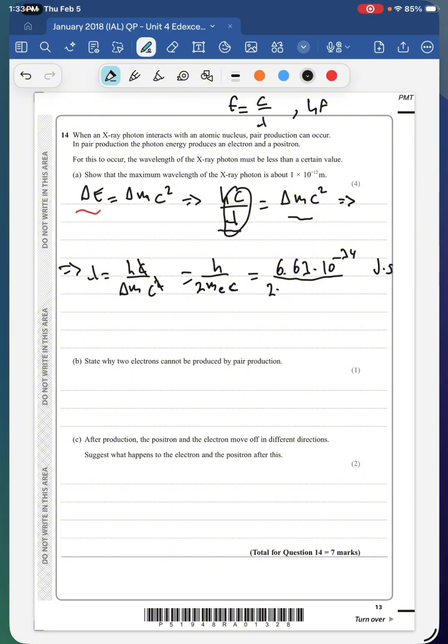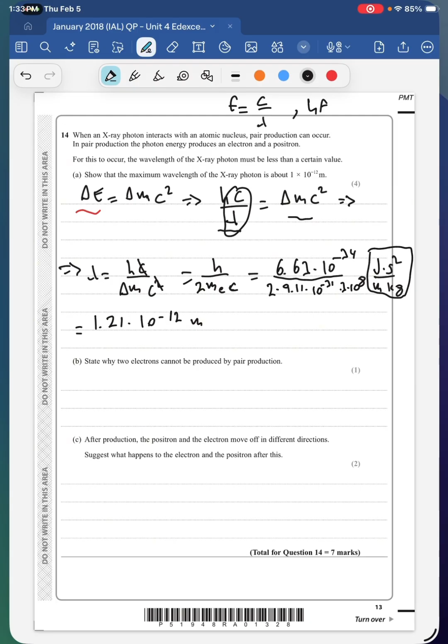So 2 times 9.11 times 10 to the negative 31, which is the mass of an electron in kilograms, and then c is 3 times 10 to the 8 meters per second. I'm going to work these units in the back. So this is 1.21 times 10 to the negative 12 meters if you use your calculator.